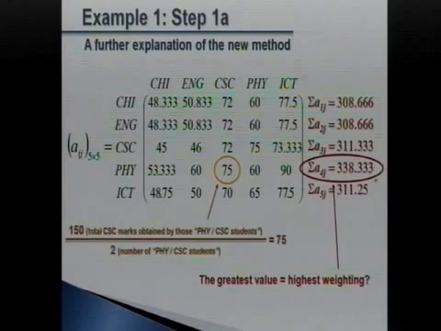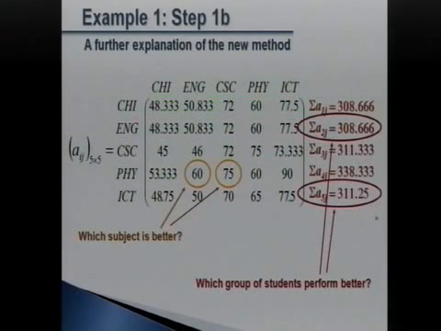However, since it is inappropriate to compare different subjects, we can't tell whether A43 represents a better performance than A42. Therefore, it is insufficient to tell whether English or ICT should have a higher weighting, so it needs some more steps.